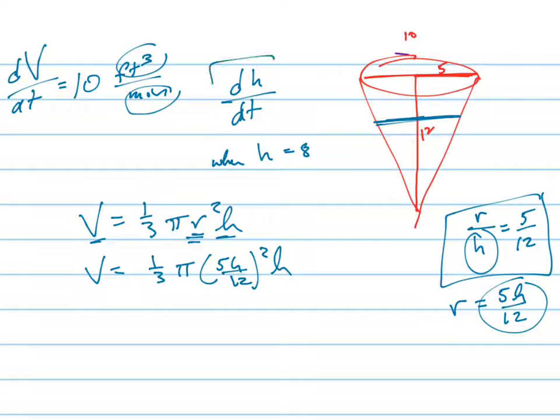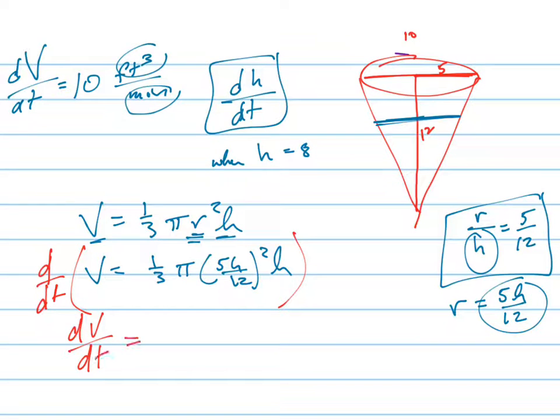Because we want to solve for dh/dt, we're going to take the derivative with respect to time of this. Let's clean this up first. That's going to be 25h cubed, I'm basically distributing that in, all over 144.